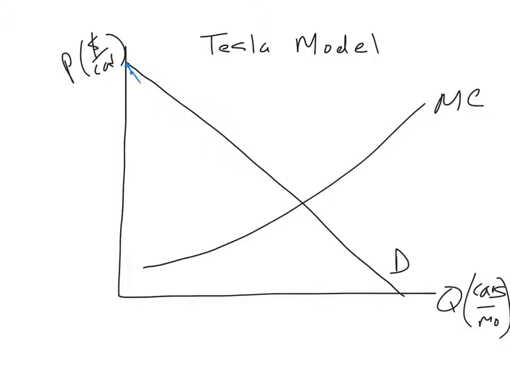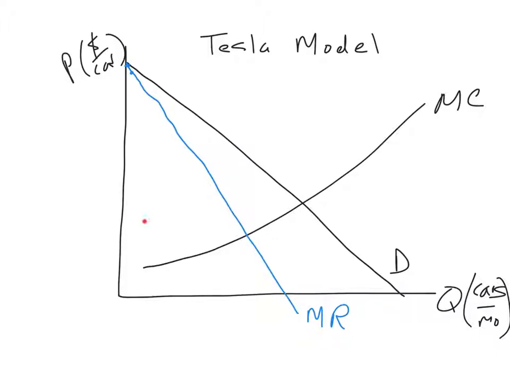And for technical reasons that you don't have to understand at this level, if the demand curve is a straight line, as we have assumed just to keep it simple, the marginal revenue curve is a line with the same y-intercept, but that's twice as steep. So the benefit side of producing one more car can be captured by the marginal revenue function.